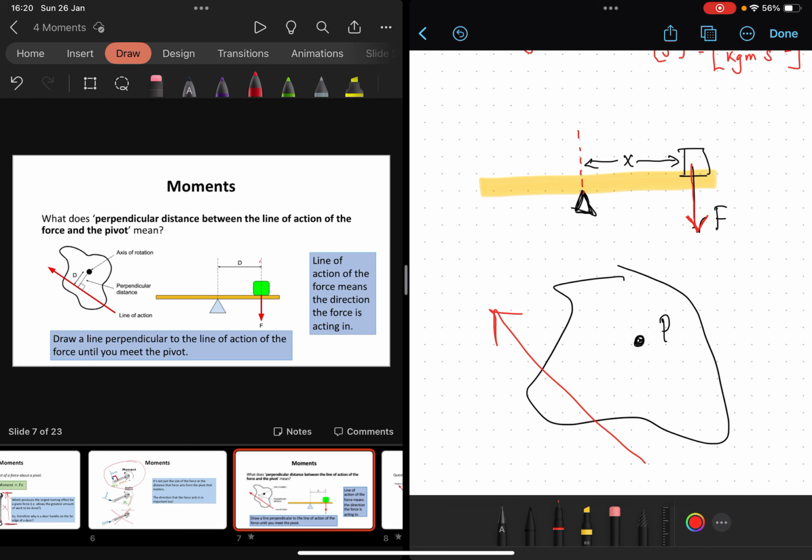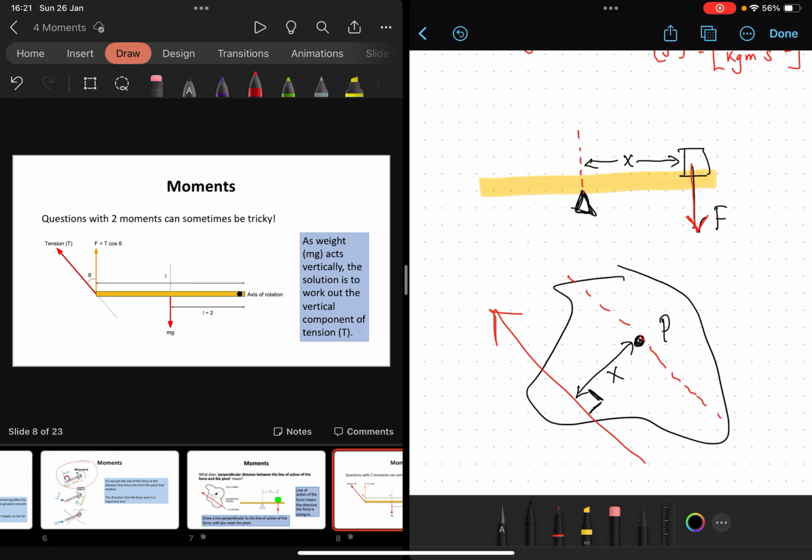And so what I'm going to do again is to draw a line parallel to it through the pivot, and I'm going to define x as the perpendicular distance between the line of action of force and the pivot. You can see there is my right angle.